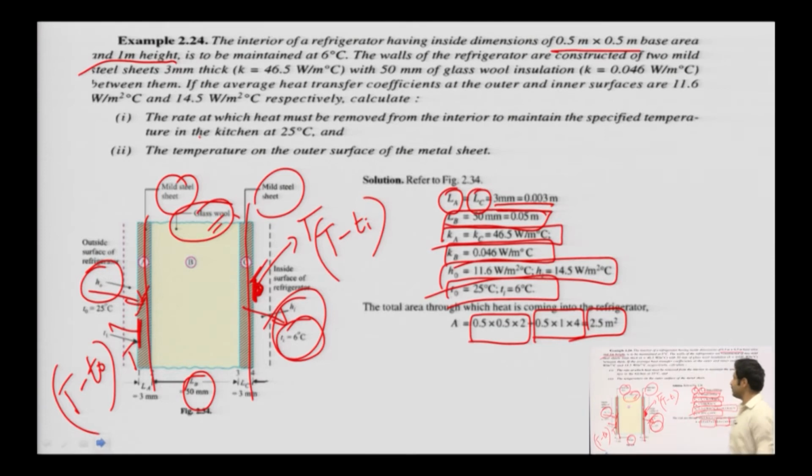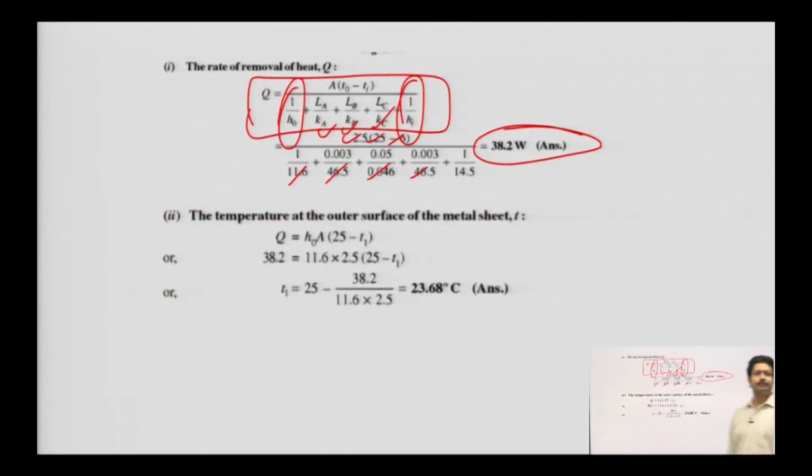That's pretty simple. So just apply Newton's law of convection, and with Newton's law of convection you can calculate the temperature on the surface of the refrigerator.